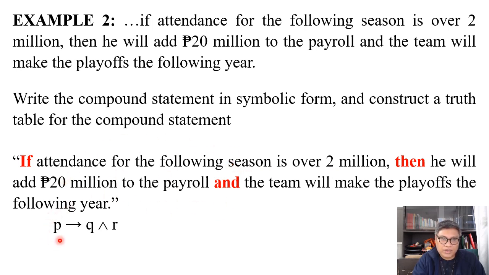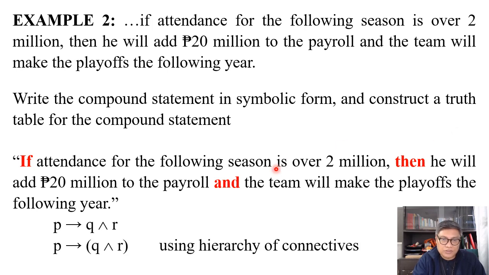So we have our P implies Q and R because we have if then we have and here. Then since we don't have any parenthesis class, we apply the rule of hierarchy. Using the hierarchy of connectives, we know that and is higher than your conditional. So this will be our combination class.